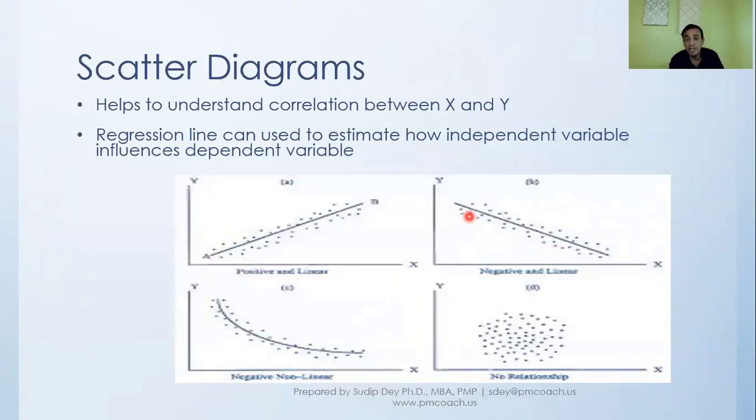In other words, they have a linear relationship, and if x increases, y decreases. In this particular case, it is negative and non-linear. The relationship is not linear, but as x increases, y decreases. And in this particular case, there is no relationship at all. So what is happening in the scatter diagram is that when you plot them, we can see what kind of relationship these two variables have.